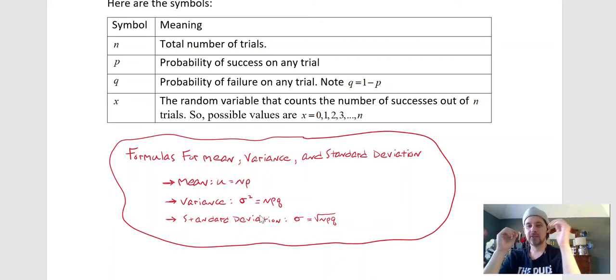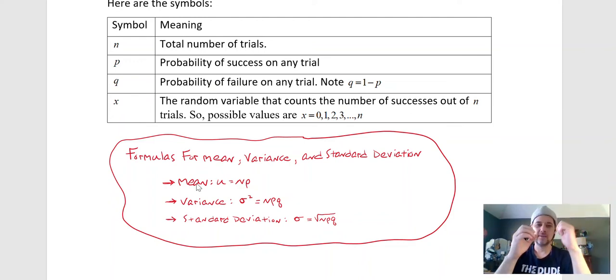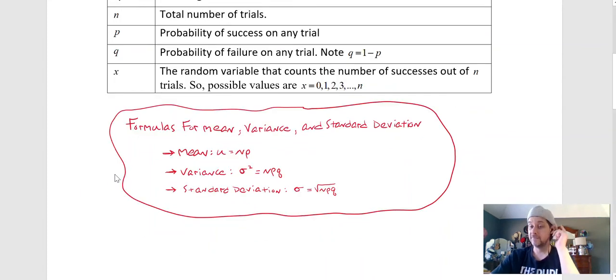If you had a bunch of measurements, a bunch of numbers, they could be all real close together, or they could be way spread out. So the mean tells you where the numbers are, over here, over there, and standard deviation tells you whether they're all bunched up together or way far apart. That's the very short story on mean and standard deviation. We calculate the variance, for the most part, to get the standard deviation.